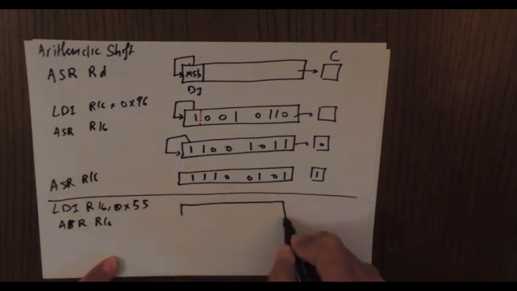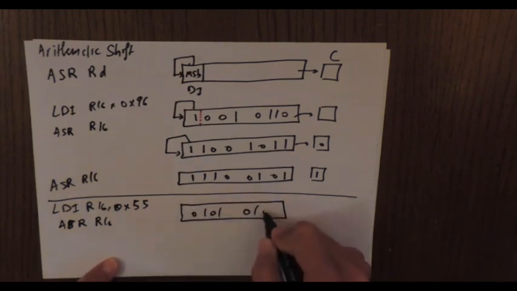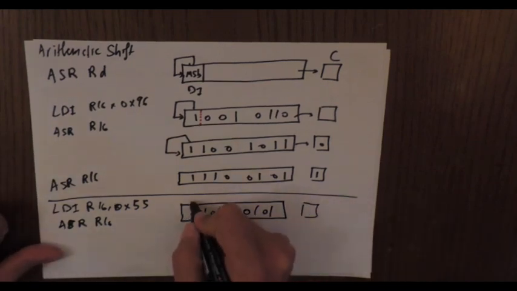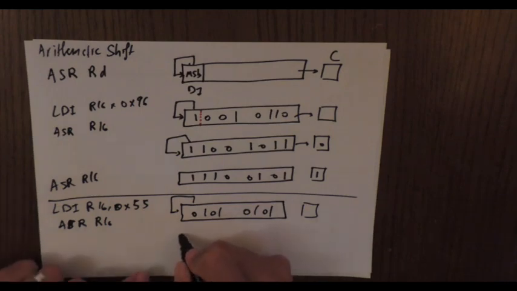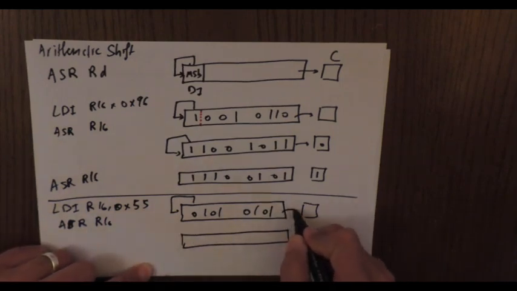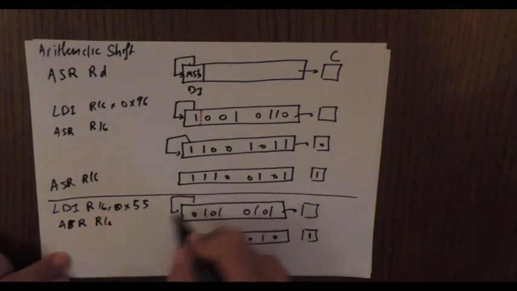So we have 0 1 0 1. This is 5 5, and this is the carry. Now this 0 will regenerate, and 1 will go to the carry, and we have 0 1 0 1 0 1 0 0. We notice here that we start feeding 0.